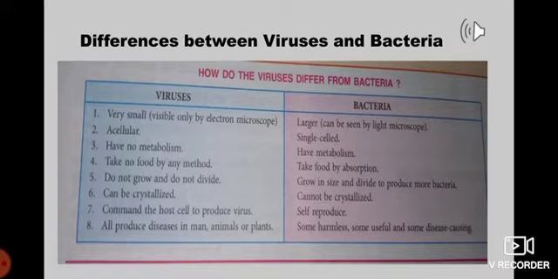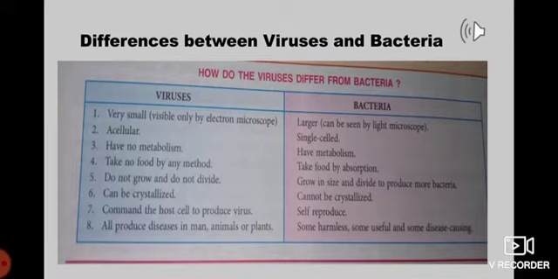Third point, viruses have no metabolism. How can viruses have metabolism if they don't have any organelle or a cell itself? We have already studied that viruses use the metabolism of other cells. A virus is not a cell, it is only a particle with genetic material and a protein coat.